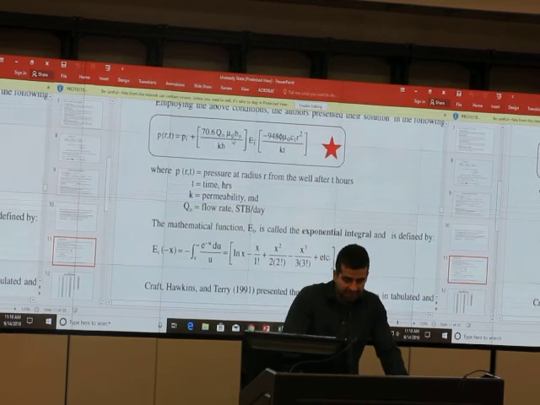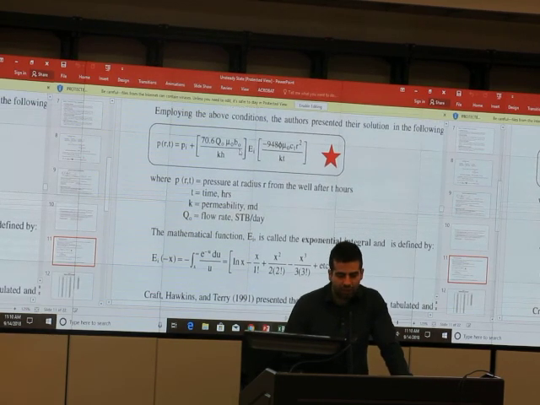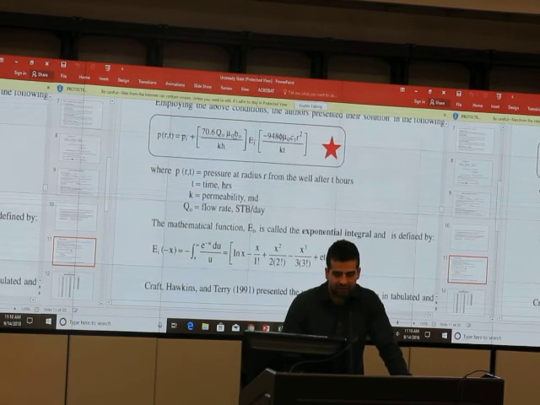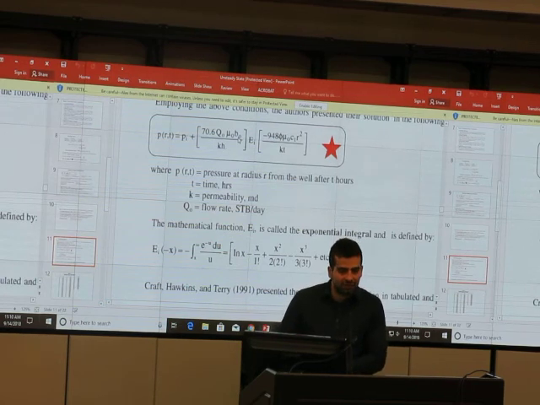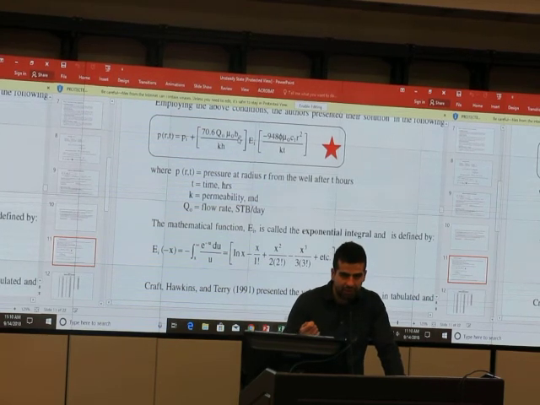The answer is, for example, for Bo and mu-o, which is the viscosity, oil formation volume factor, we can actually do another kind of testing to extract the oil down there, okay, and physically measure your viscosity and your Bo.